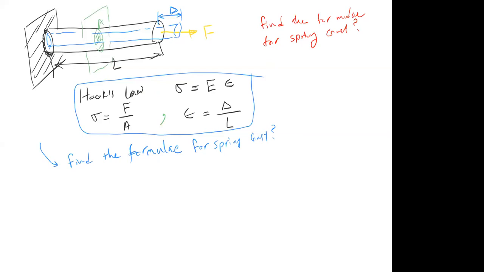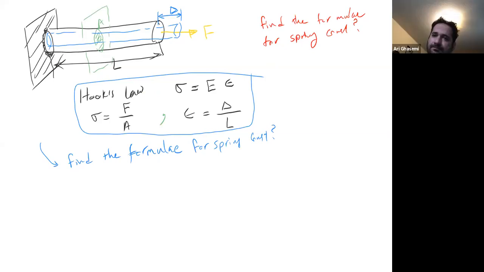Is it theta A equals K delta? Not quite right yet. This spring constant formula should be in terms of the length and other physical parameters of this bar.